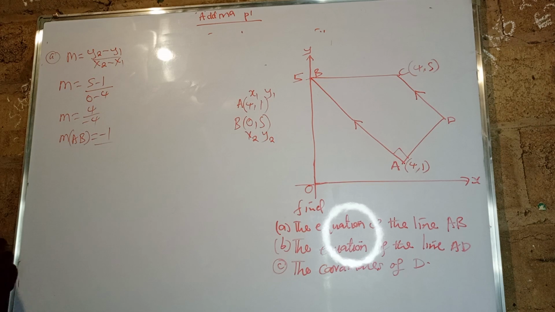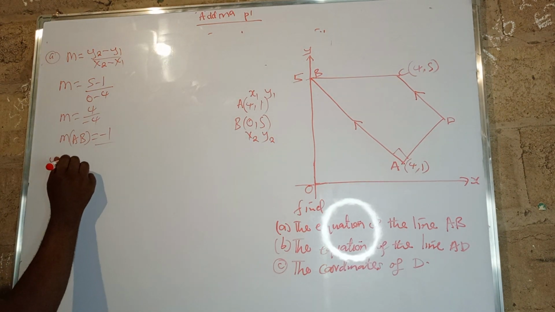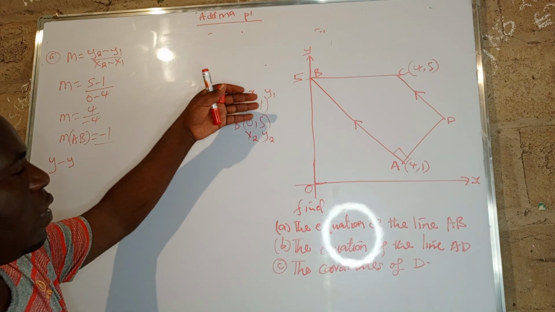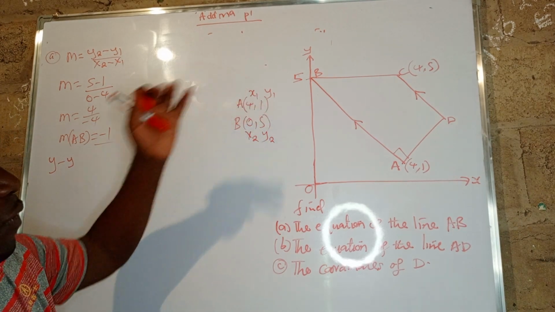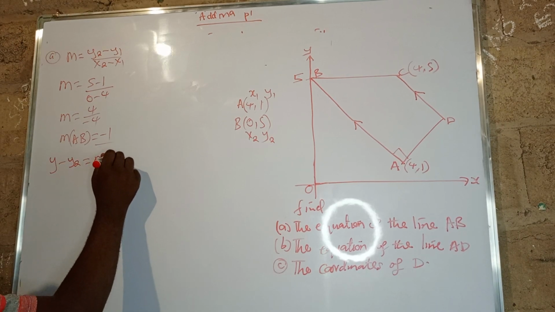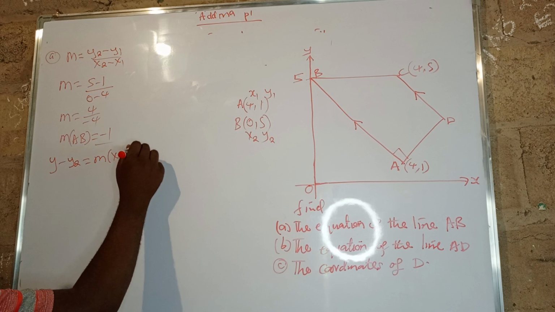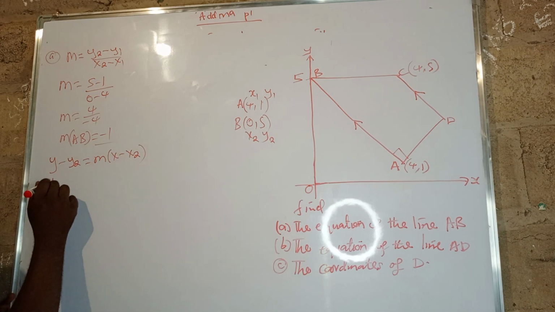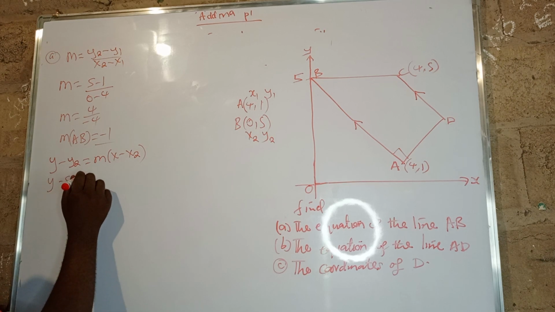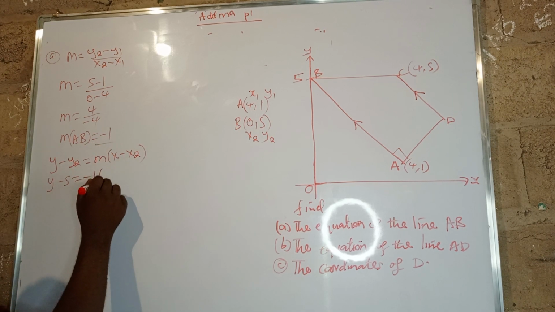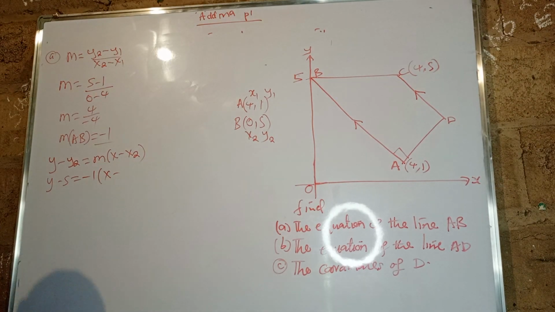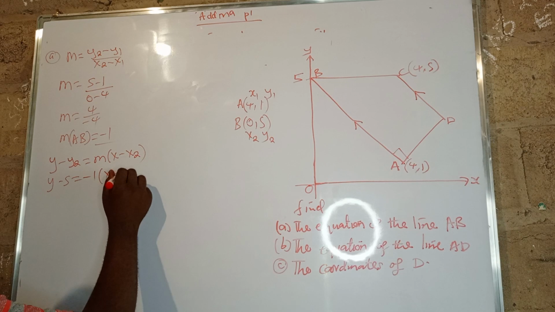So the formula for the equation is y minus y1 equals m times x minus x1. You can use either point. As for me, I'll go with (0,5).